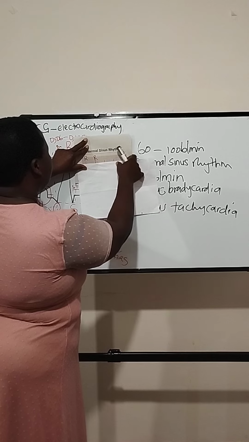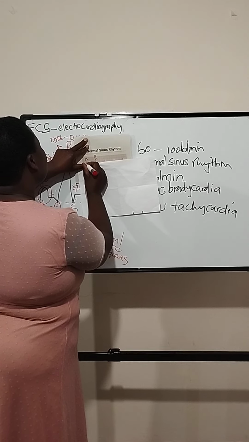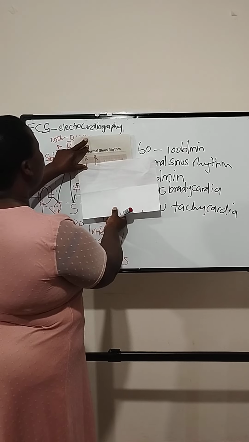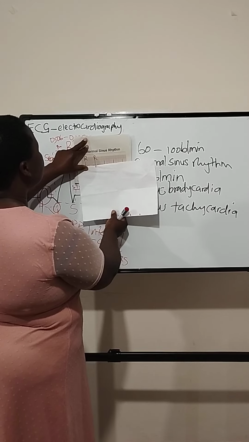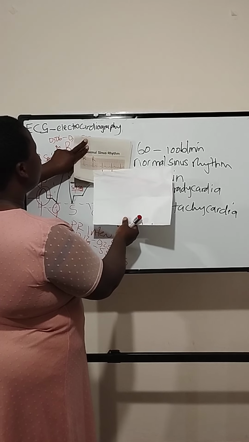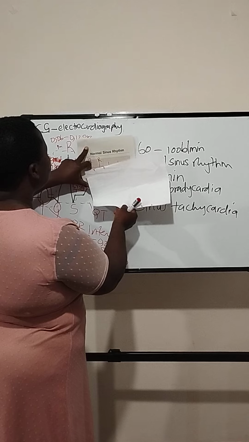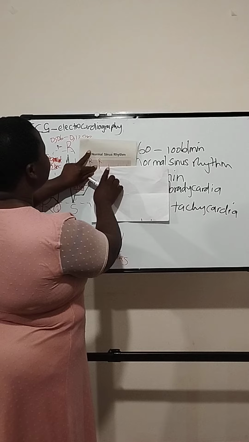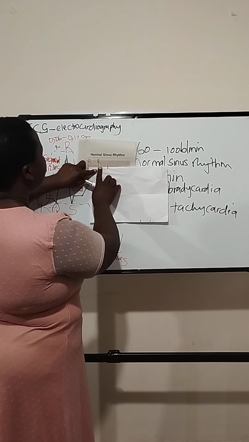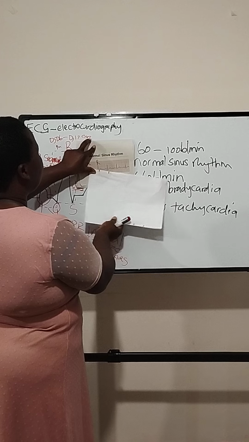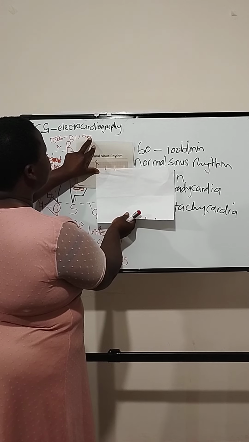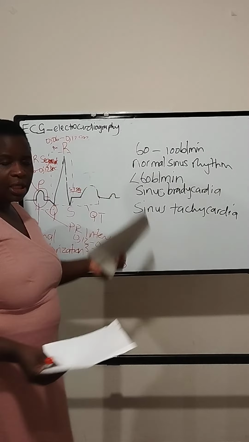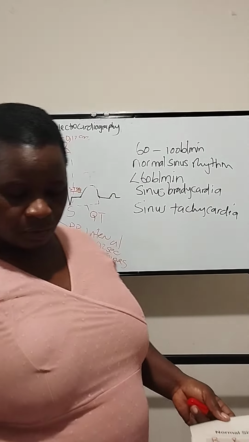I'll take my paper there, then I'll put a mark where the first R is and a mark on the next R. So I'll use this paper to check to see if the preceding R's have got the same distance in between, like this, and you see there is similar distance from this one to this one and the next R to the next one, and I'll check the next one again, the difference is the same, the next one again the difference is the same. So we've got a regular rhythm.